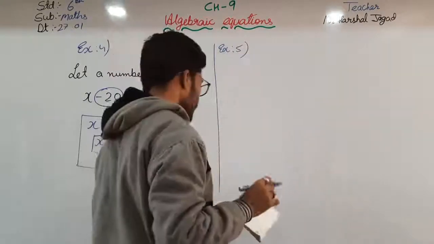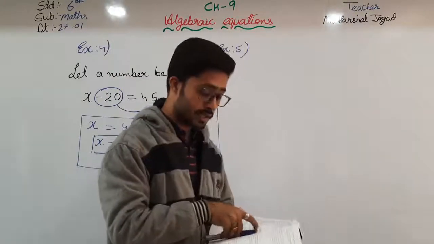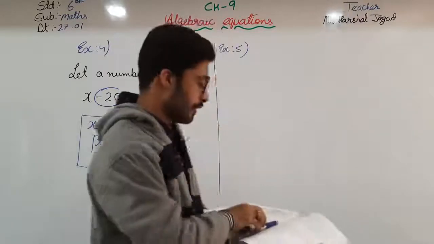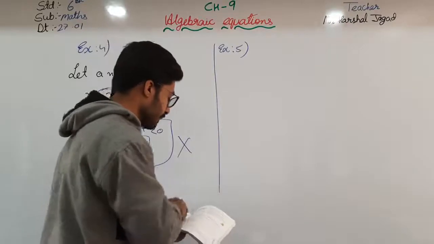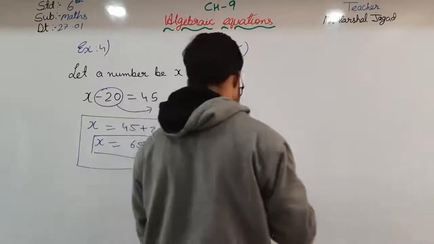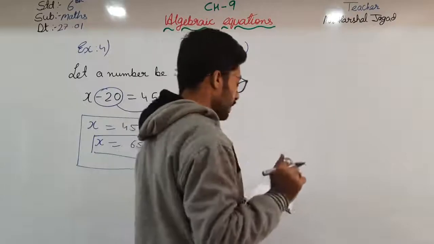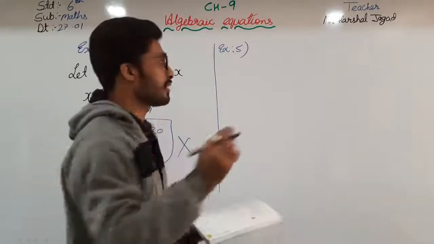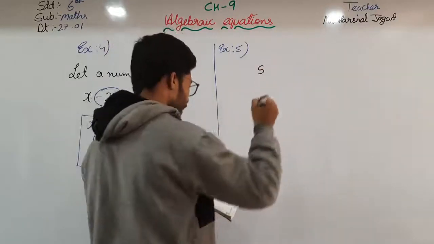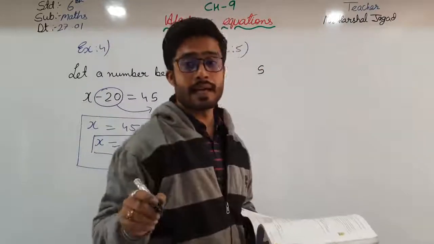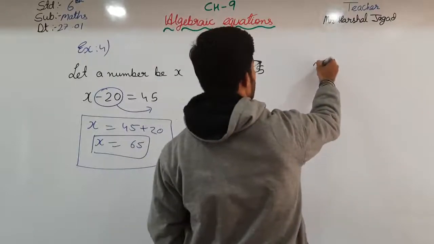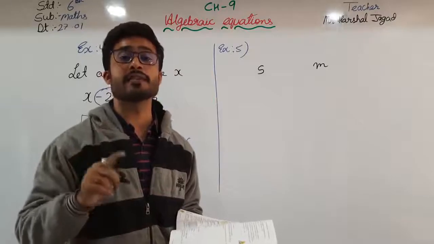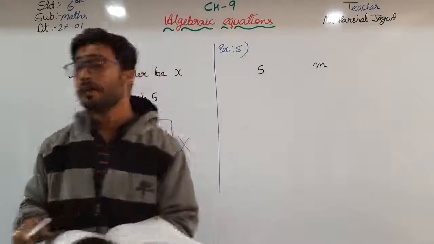So first of all, if I take Suresh's age as S and Manoj's age as M, then what they are telling is that Suresh's age is twice Manoj's age.